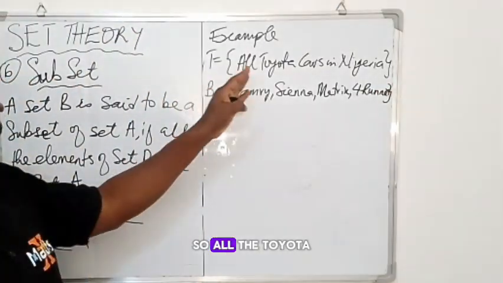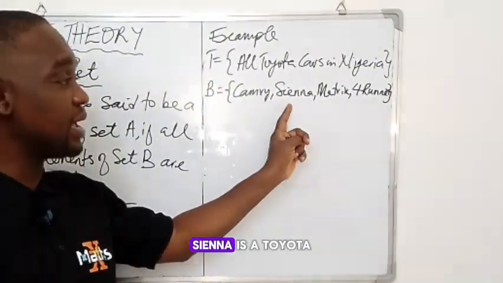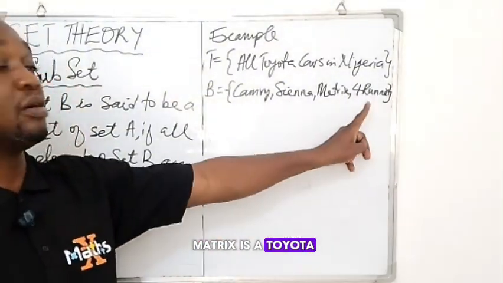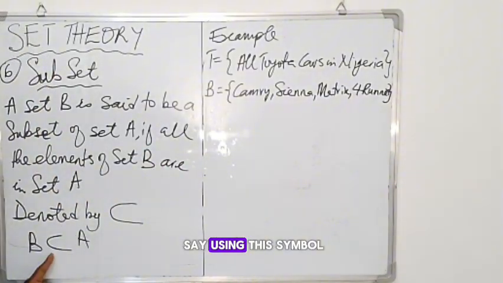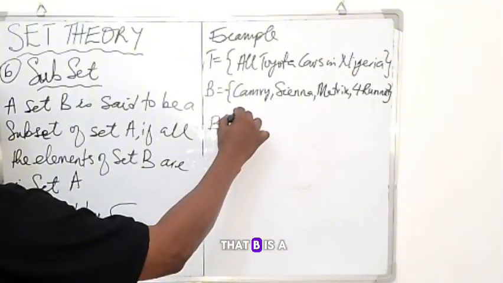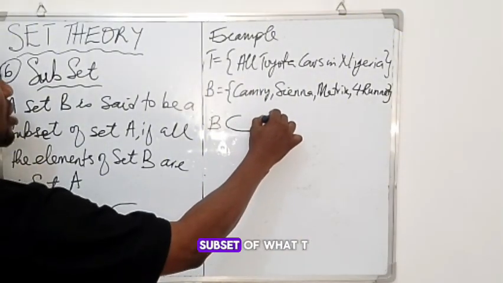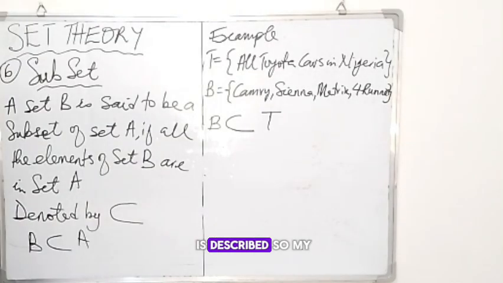So all the Toyota cars in Nigeria, of course, Camry is a Toyota, Sienna is a Toyota, Matrix is a Toyota, Forerunner is a Toyota. So we can boldly say, using this symbol, that B is a subset of what? T. This is how it is described.